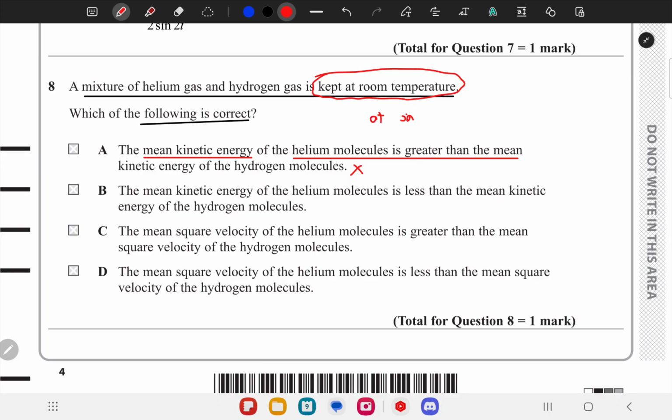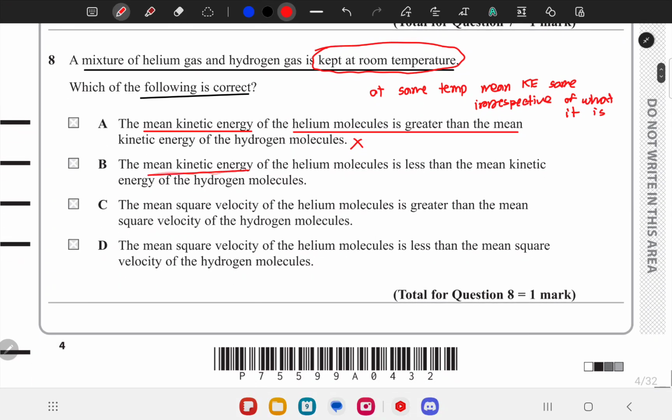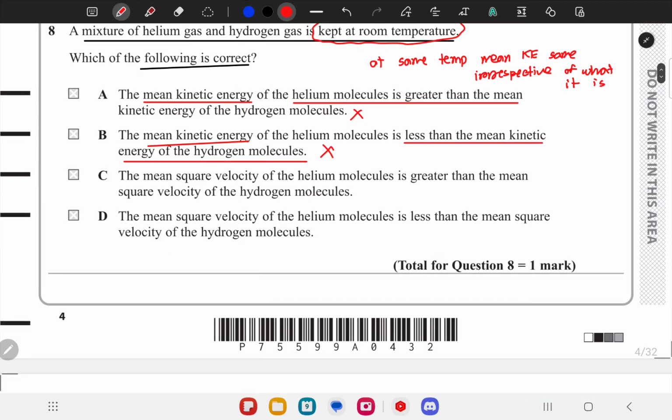At the same temperature, the mean kinetic energy for any molecule is the same. Option B states that the mean kinetic energy of helium would be less than the mean kinetic energy for hydrogen. This would be wrong as well, they would be the same.